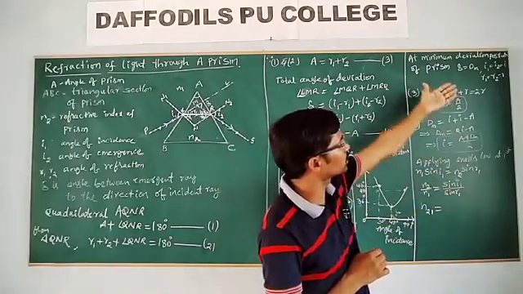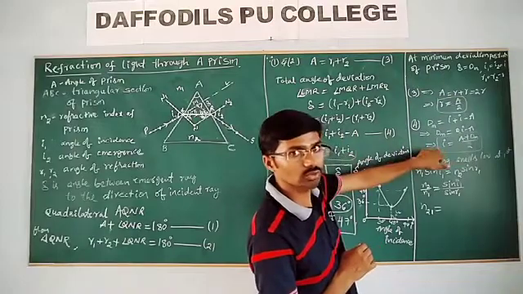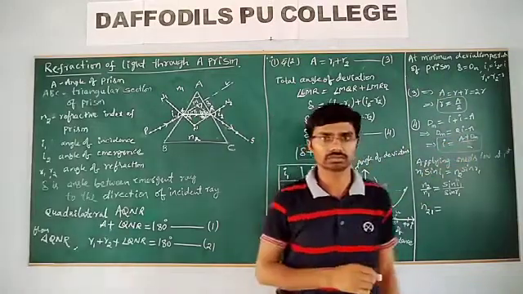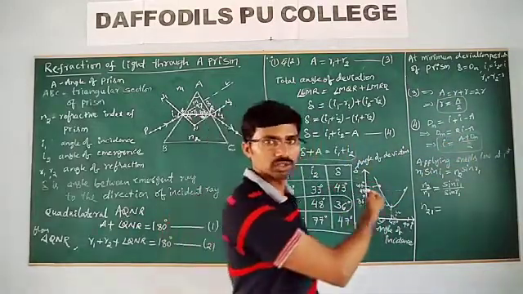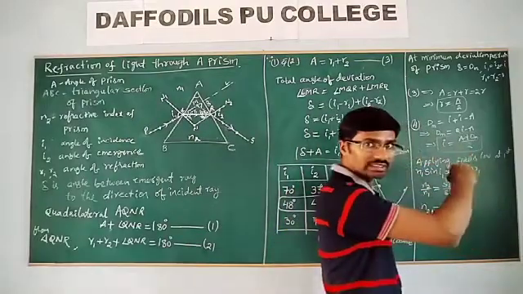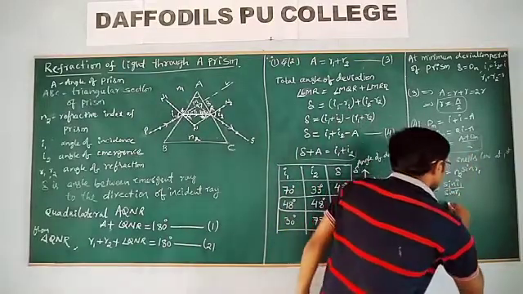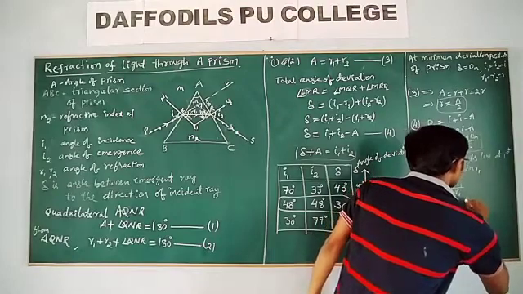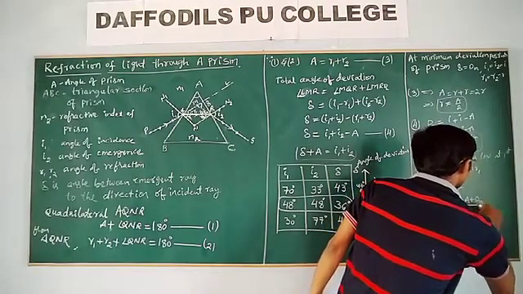I1 or I2 both are the same, and that i value we know is (A plus dm) by 2. Let me substitute i as (A plus dm) by 2.